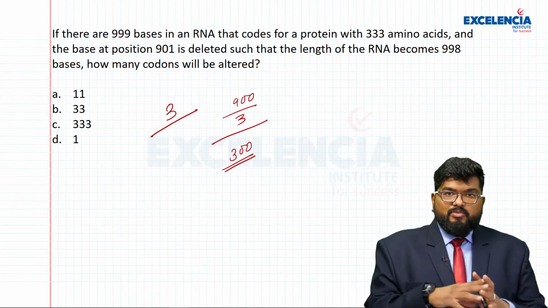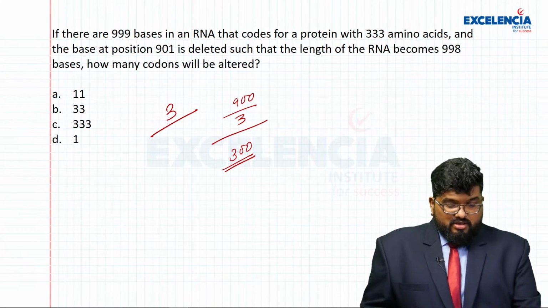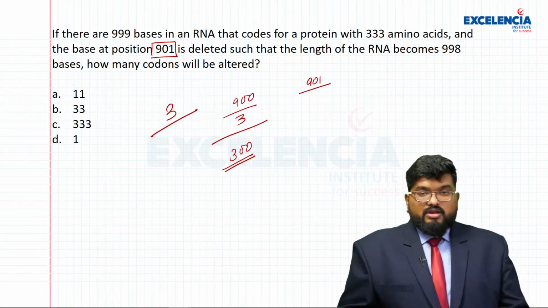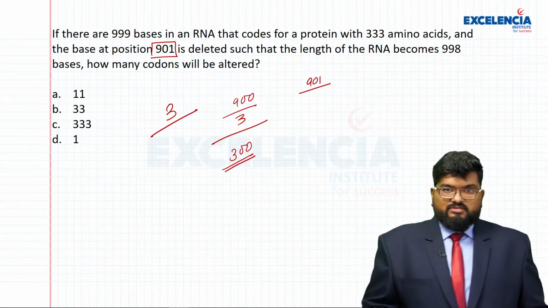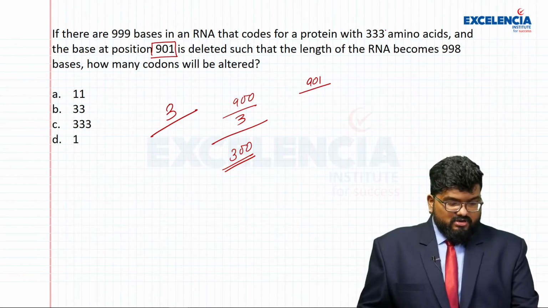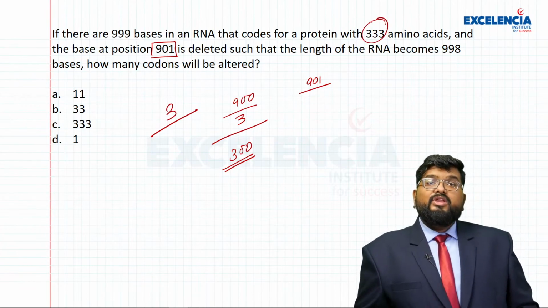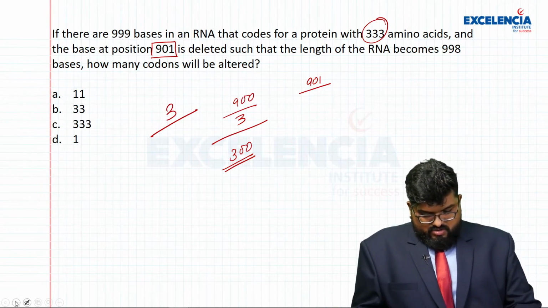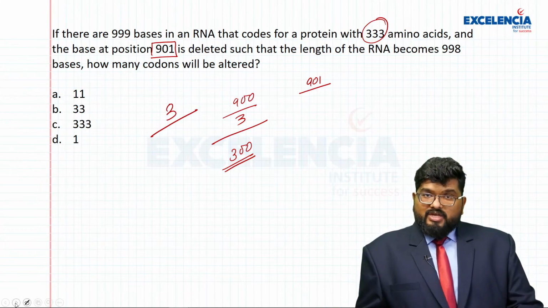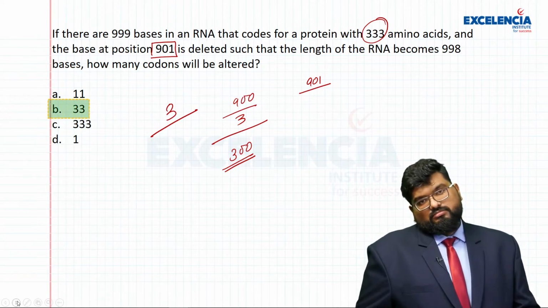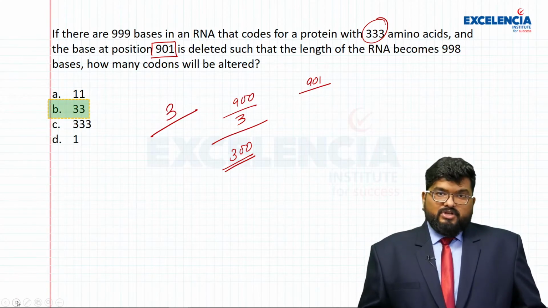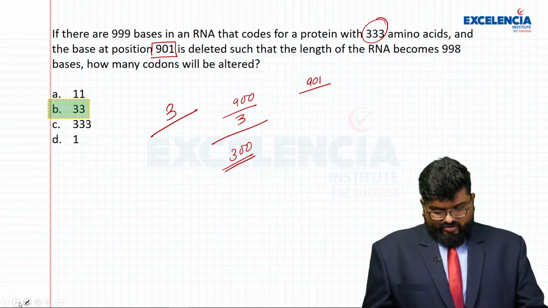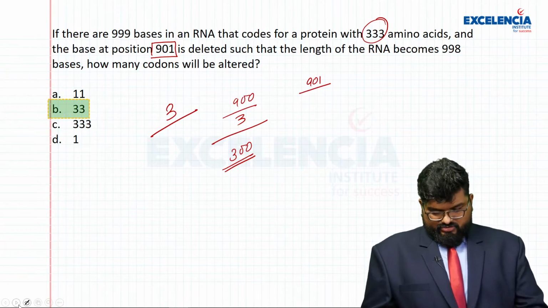The 300 amino acid polypeptide is going to be correct. Deletion is occurring at the 901st base, and the total amino acids are 333. So if 300 are getting added properly, then the problem will be seen in how many amino acid residues? 33. Simple enough. No high-fun math required here. Simple calculations.